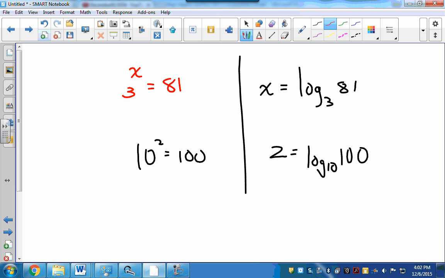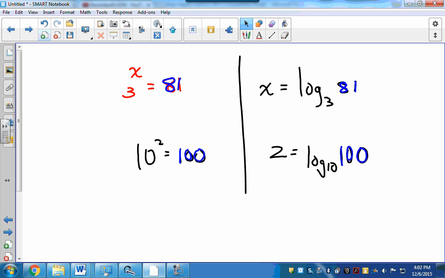So again, you can sort of play. 100 is the argument, 100 is the value, 81 is the argument, 81 is the value.